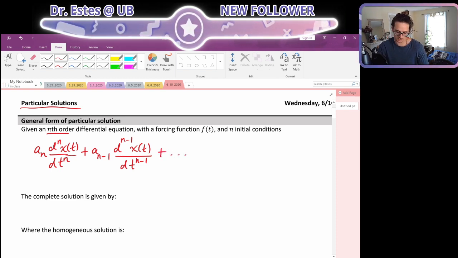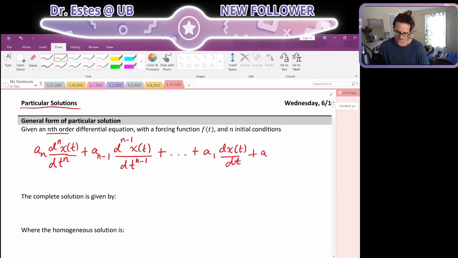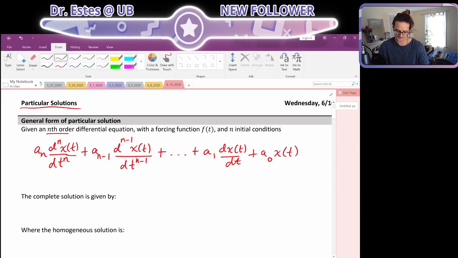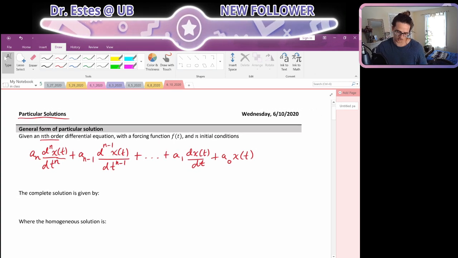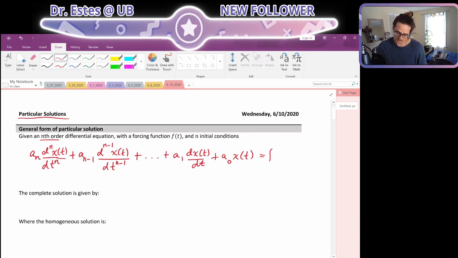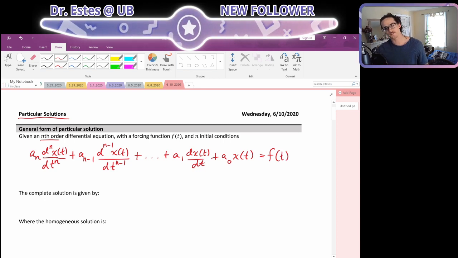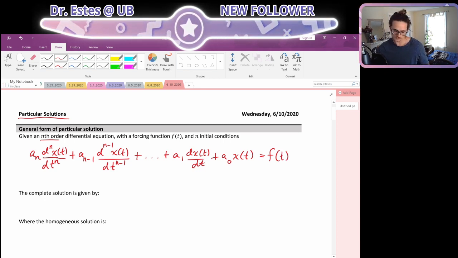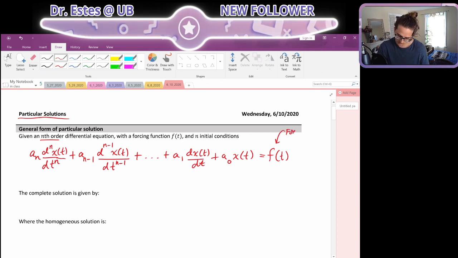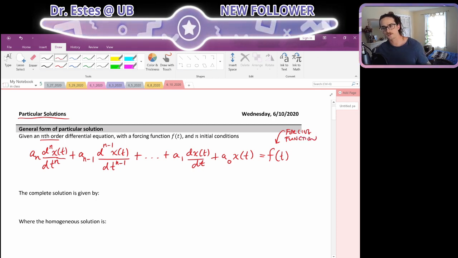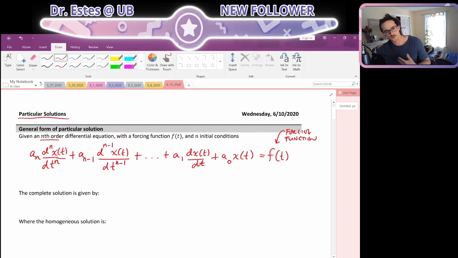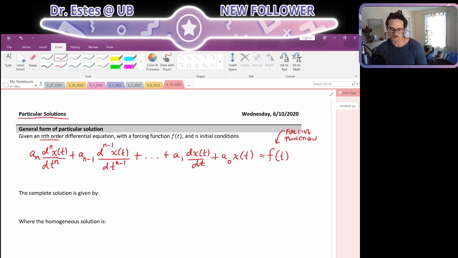So these terms go all the way down to a first order term, and then a zero order term. And we're going to set this equal to a forcing function, f of t. And we're going to introduce a couple different typical forcing functions today. And all of those result in different kinds of particular solutions.